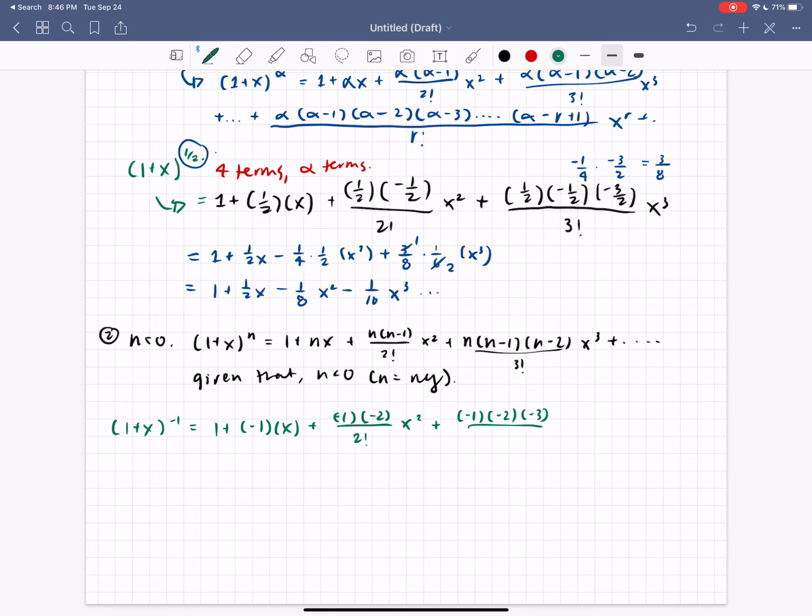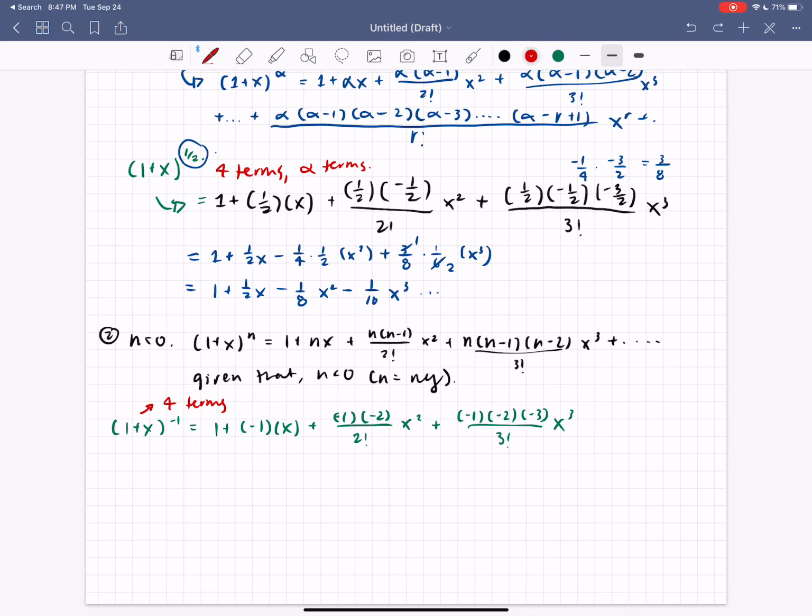And let's say we want to find the first 4 terms, because this, of course, is infinite. So negative 1 times negative 2 times negative 3 over 3 factorial x cubed.